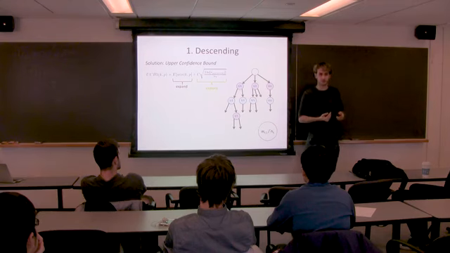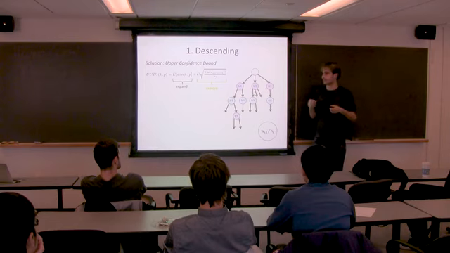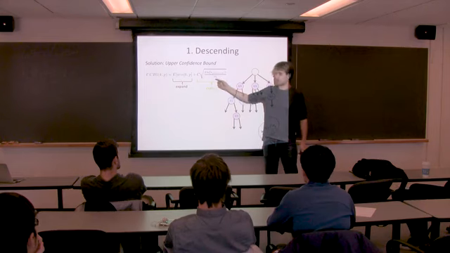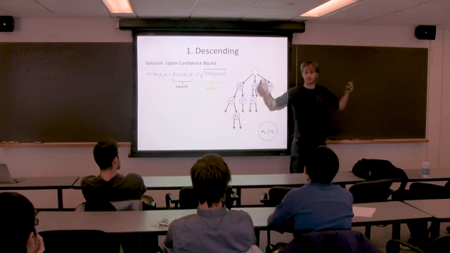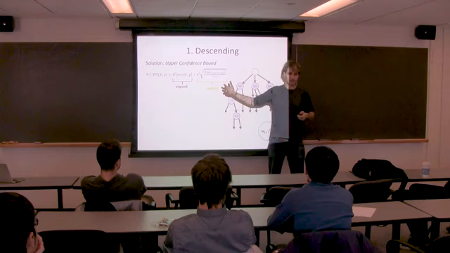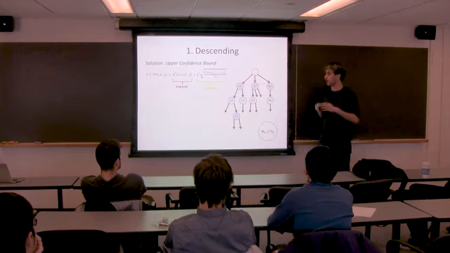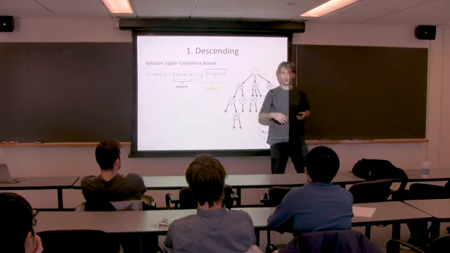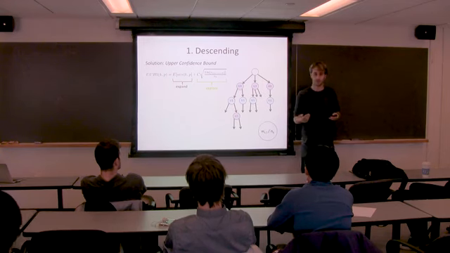And what that effectively means is that if I have been visited relatively few times, so the denominator is small, whereas my parent has been visited many times, which means that my siblings have gotten much more attention, then the likelihood that I will be visited again actually increases. So this is biased on the one hand towards nodes that are really promising, and on the other hand towards nodes that haven't been explored yet, where there's a gold mine and all you need to do is dig a little bit, potentially.